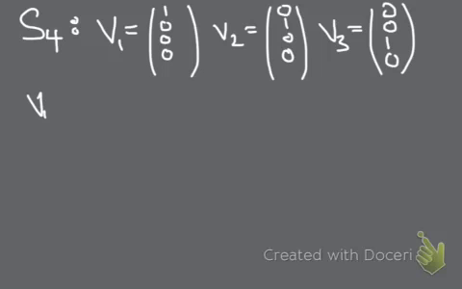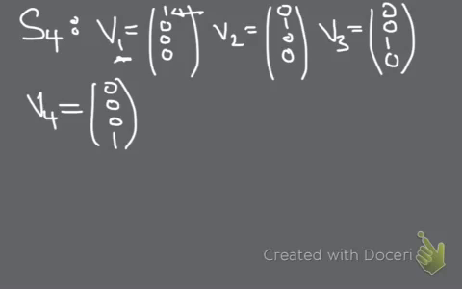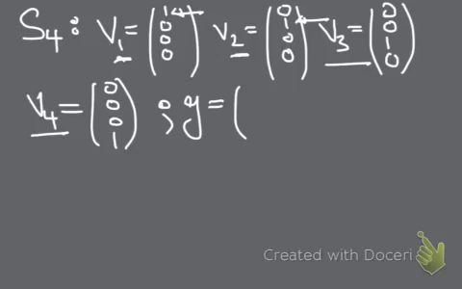And finally v4 is then 0 0 0 1. So as you can see, for v1 I have a non-zero entry at my first row. For v2 I have my non-zero entry at my second row, and likewise for v3 and v4.